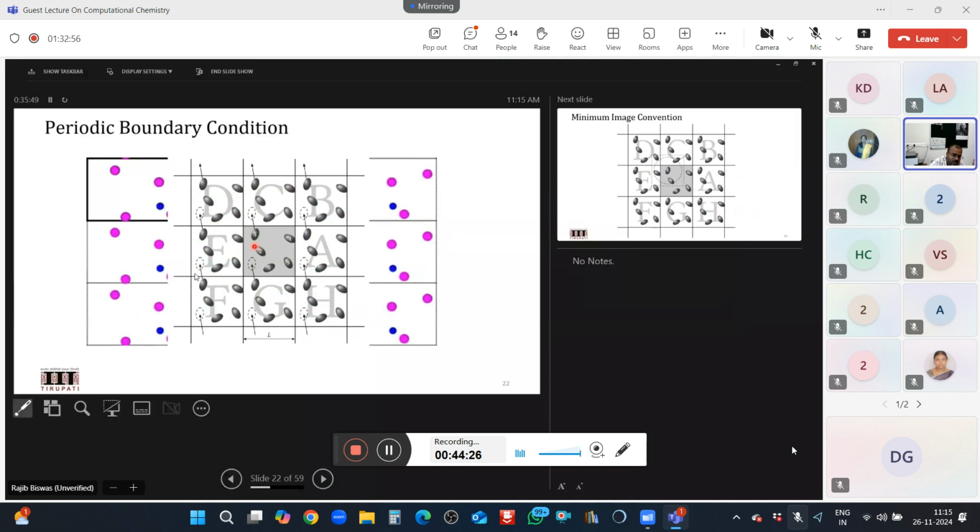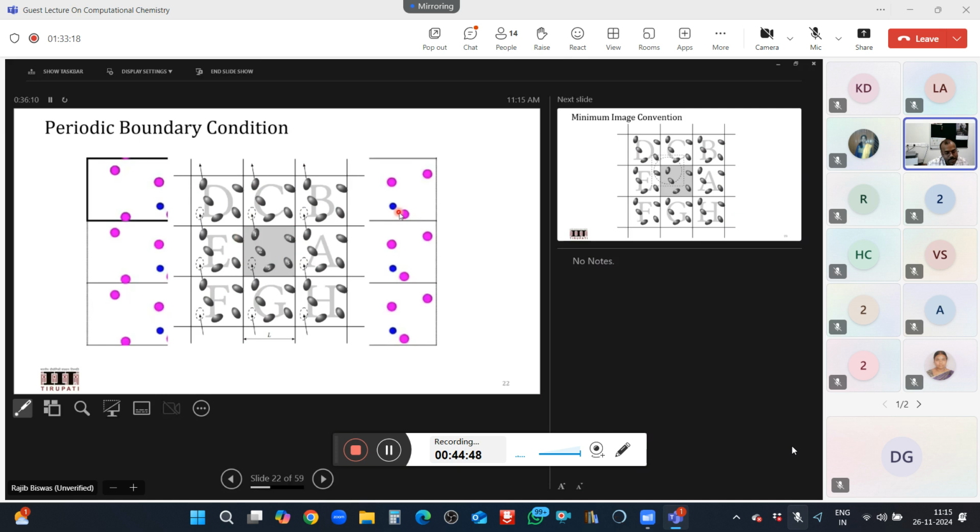If you consider the total number of molecules as only these 5 and nothing else, almost all the molecules or particles will be surrounded by vacuum, which is not bulk behavior. In case of bulk behavior, all the molecules should be surrounded by other molecules, right?